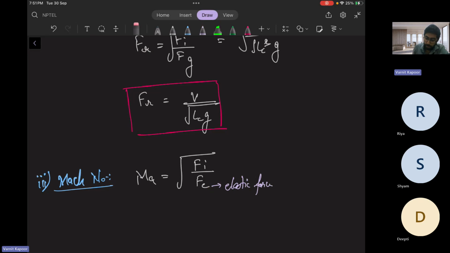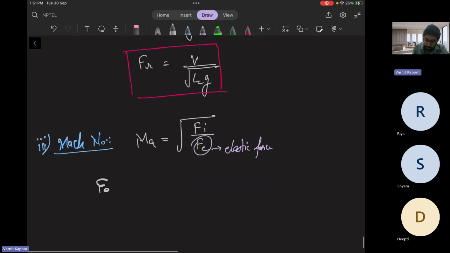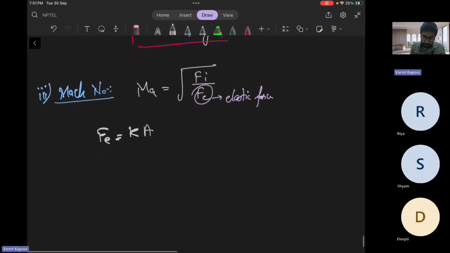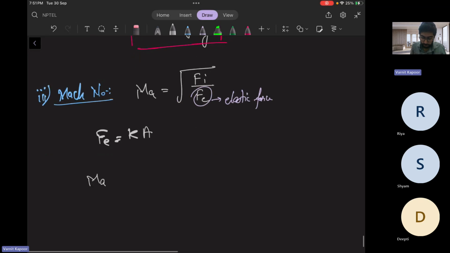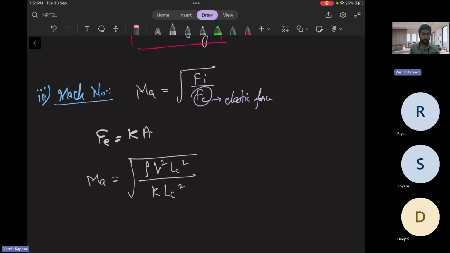And elastic force can be written in the terms of fluid as K into A. So area is Lc square, and inertial is rho V square Lc square, and K into Lc square, right?